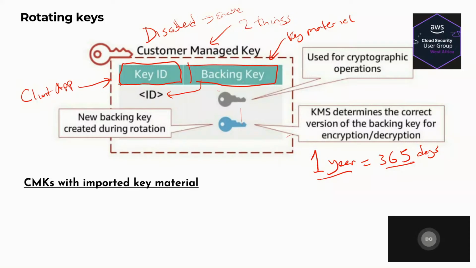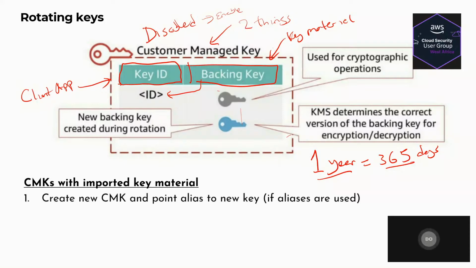So if you're going to be using an imported key that you control, this is how your rotation process will look like. Number one, you create a new CMK and then point the alias. Remember that an alias just means a friendly name for the key, right? And then point the friendly name to the new key that you created. So you are responsible for that process if you're using imported key material. So create a new CMK, import the new key material into it, point the alias to the new key if you're using aliases.